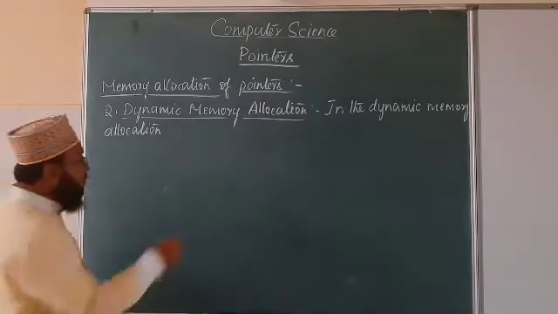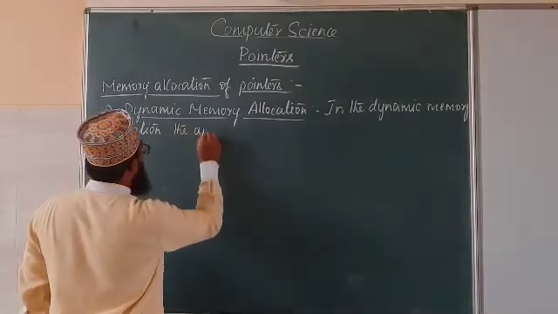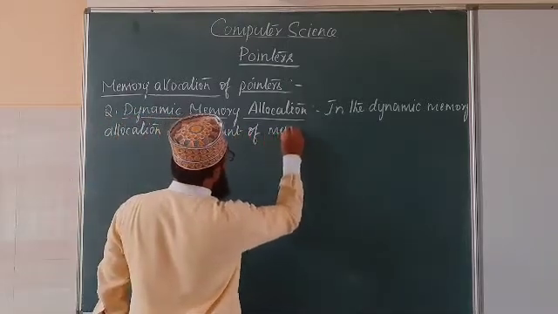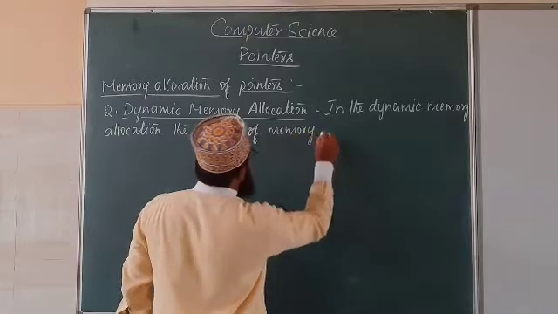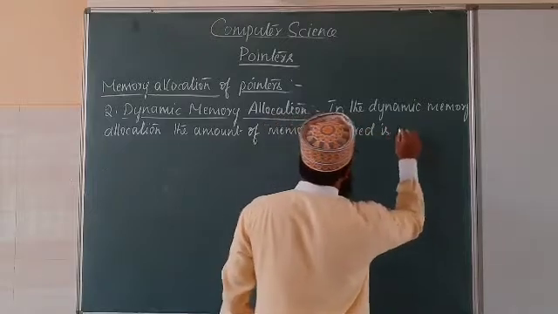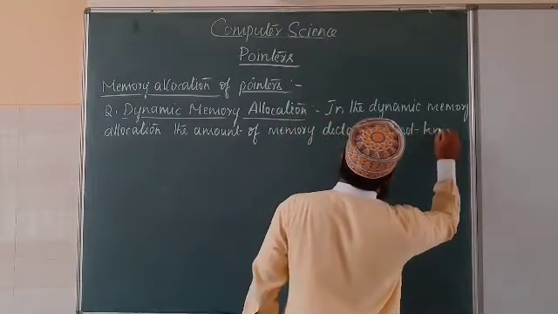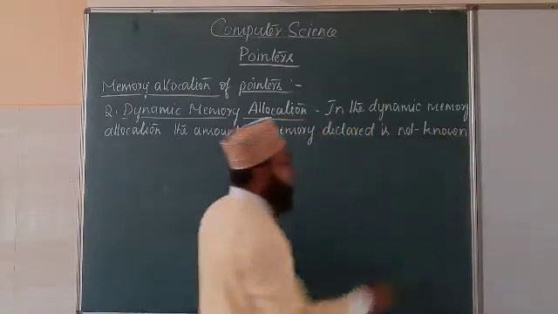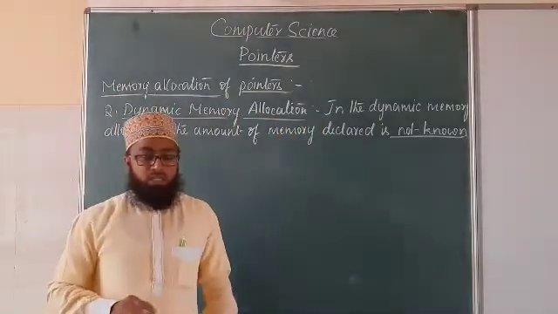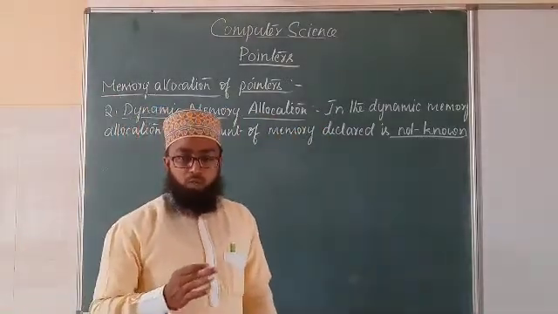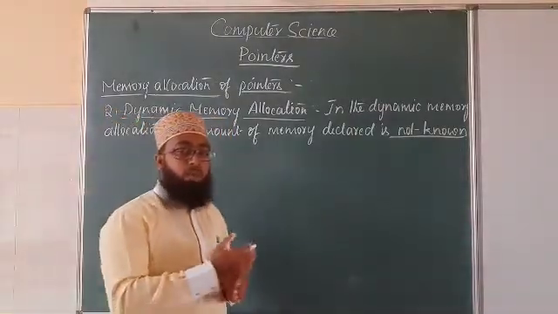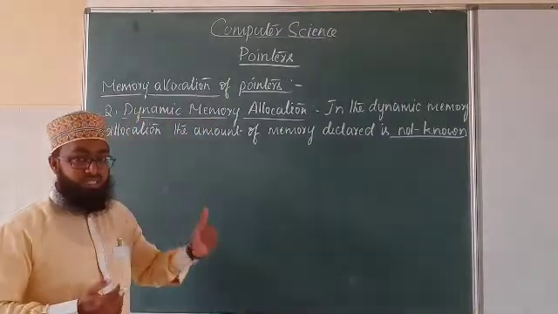the amount of memory declared is not known. Before this I explained under static memory that the memory which is to be allocated is predicted and pre-known, known earlier.